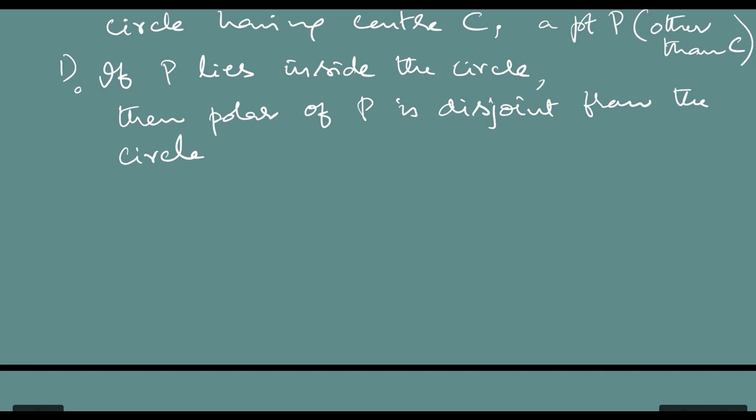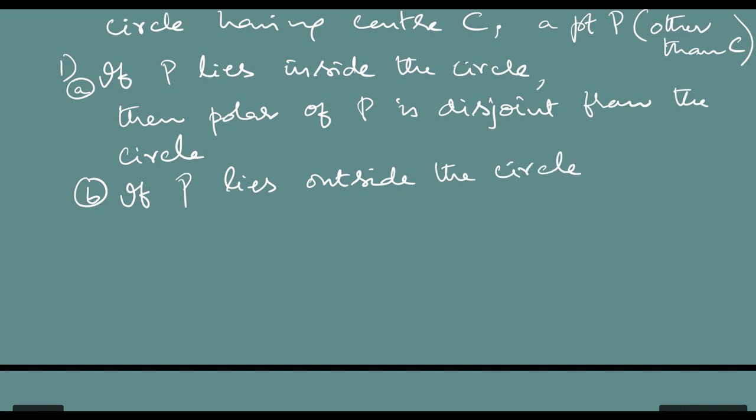In this only, let me write two more points. If P lies outside the circle, then the polar of P intersects the circle.